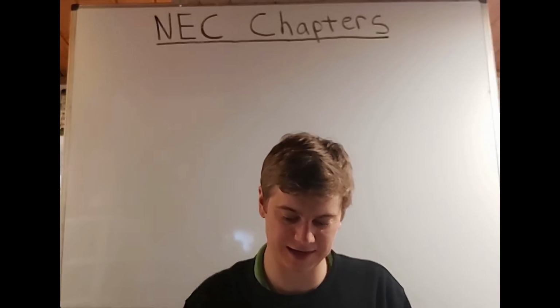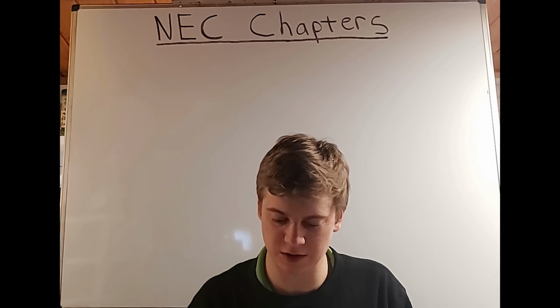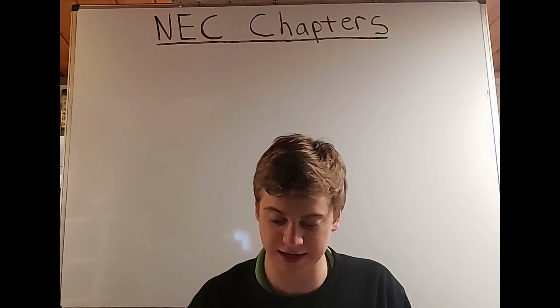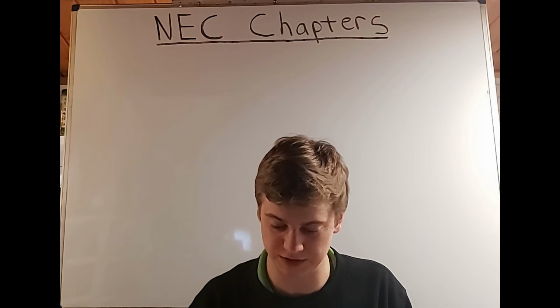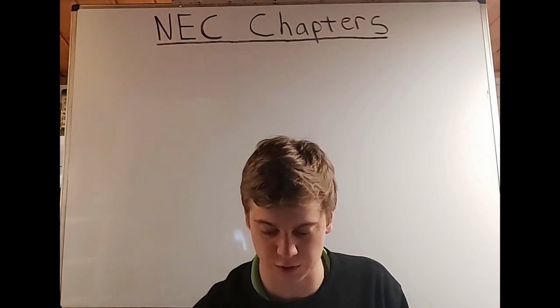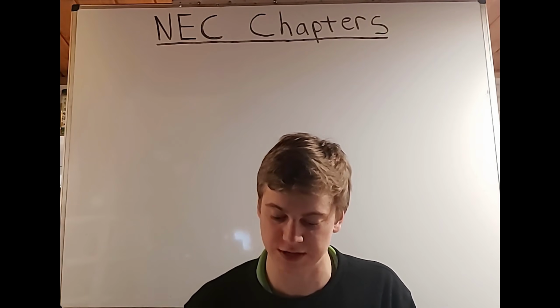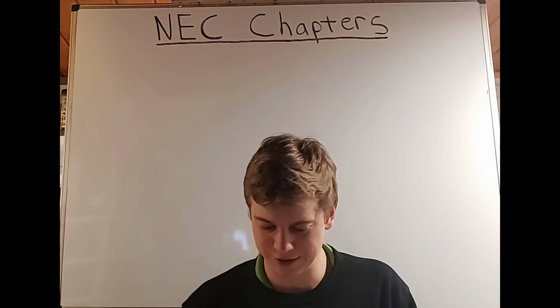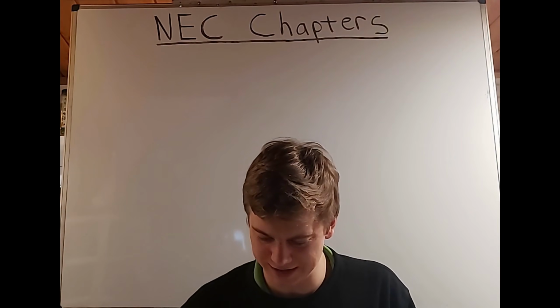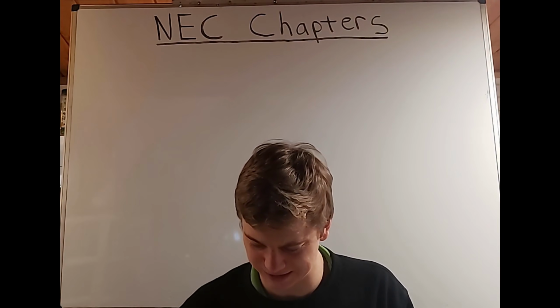E is dedicated equipment space. Here it talks about equipment that shall be located in dedicated spaces protected from damage, and that includes switchboards, switchgears, panel boards, and motor control centers. Okay, and then under E, and then 1AA, it says dedicated electrical space.